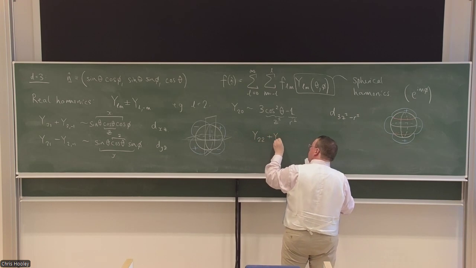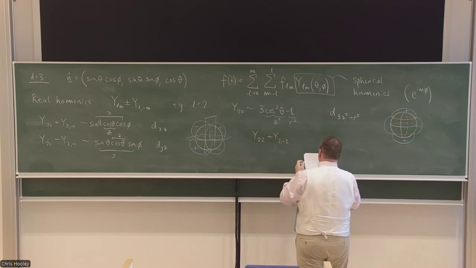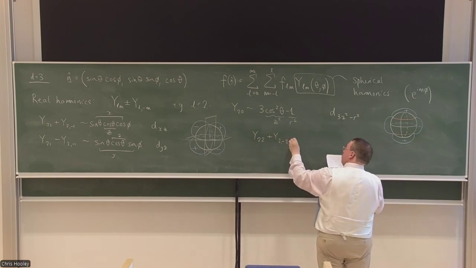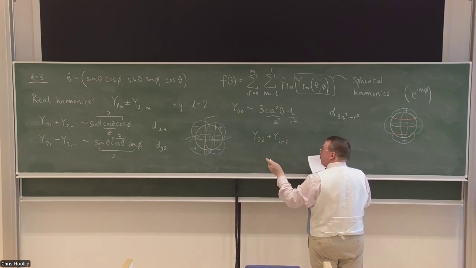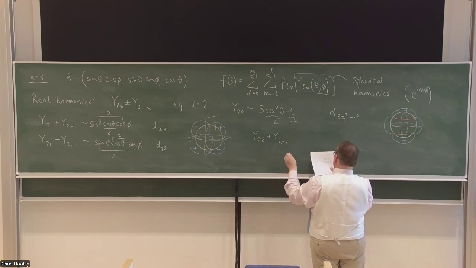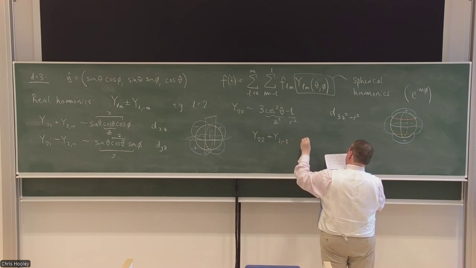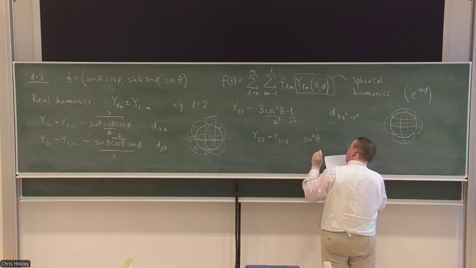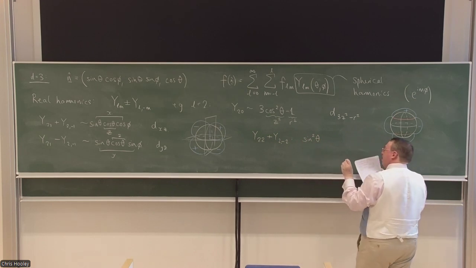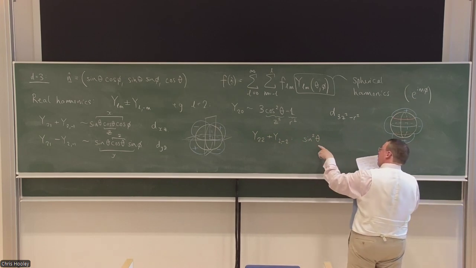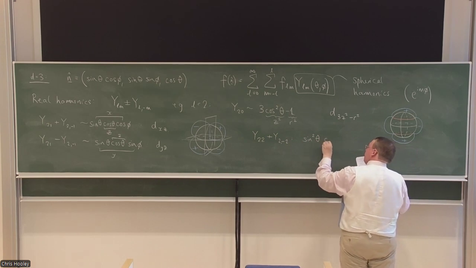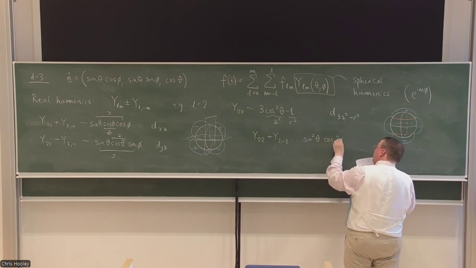Y22 plus Y2 minus 2. So this has a trivial theta dependence. Not quite trivial, but just signs. So that goes like sine squared theta, and then obviously it's cos 2 phi.